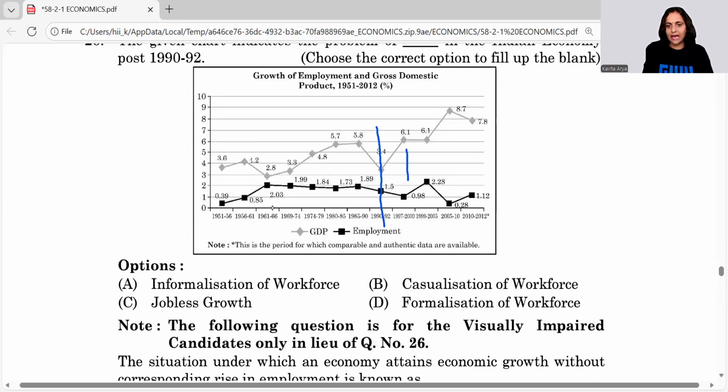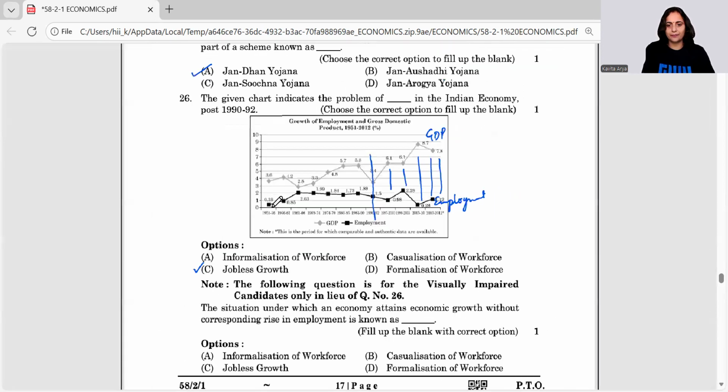It means the gap between the two is widening, right? It means this is GDP, right? GDP is going up, but employment is going down. So what does it show you? It simply is the situation of jobless growth, right? I hope the things are clear.